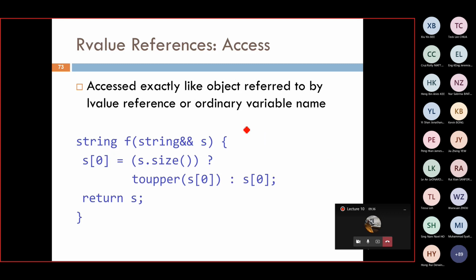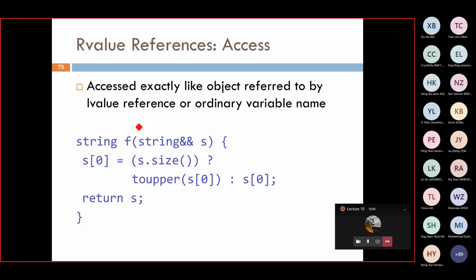Since this particular L value refers to a string object, you can use it just like any other reference or named string object. So nothing going on here. It's just that when S goes out of scope, which is at the end, you're going to have to imagine that the temporary object that S is referencing is going to sort of die.